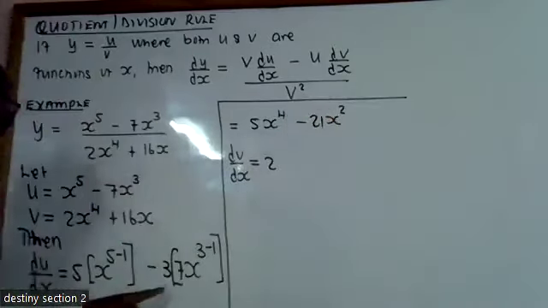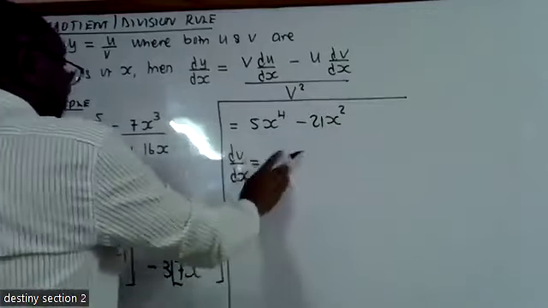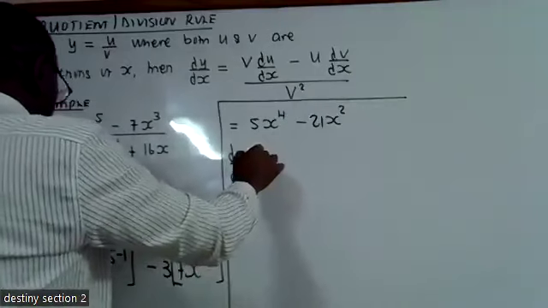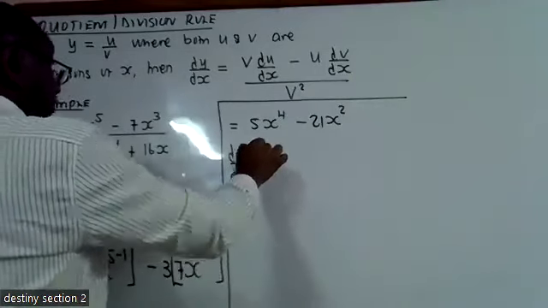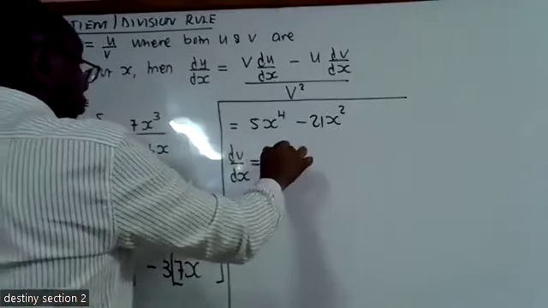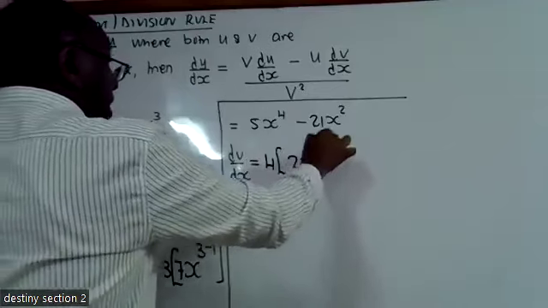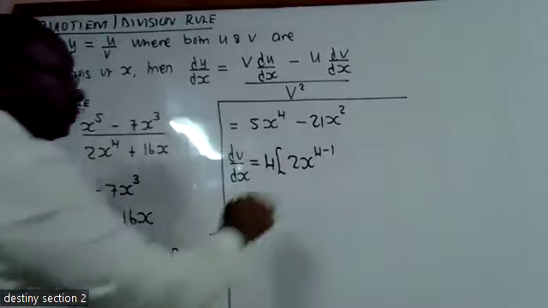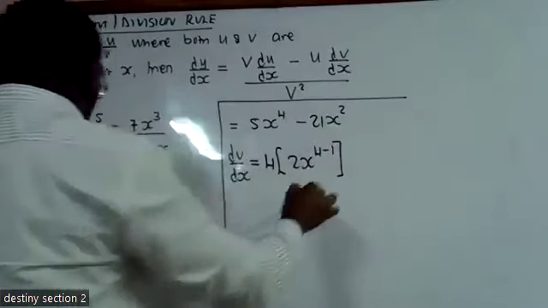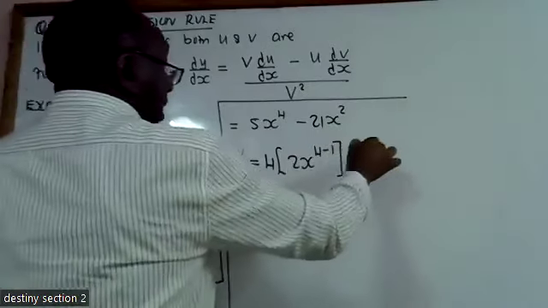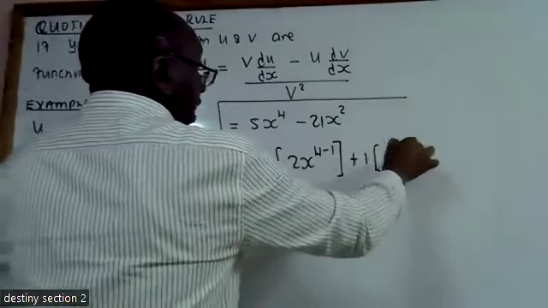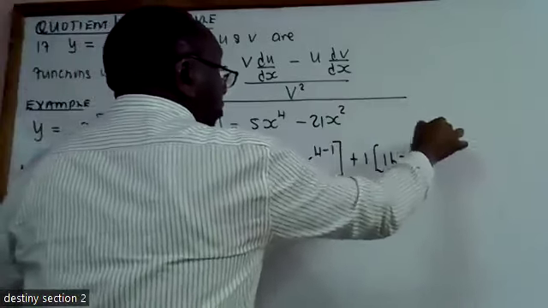Sasa nikikuja hapa nitasema ni 4. The power is 4. 2x raised power 4 minus 1 plus 1, 16x raised power 1 minus 1.